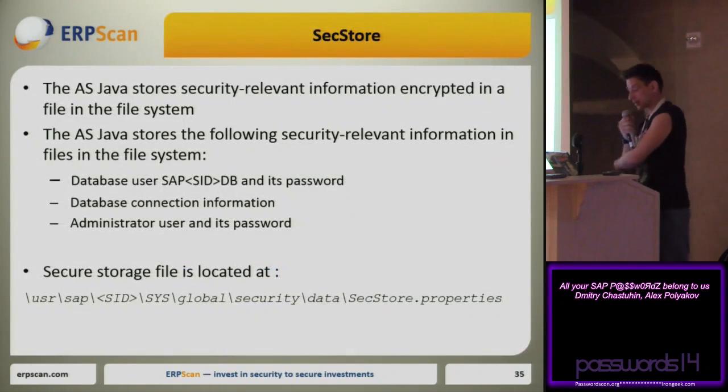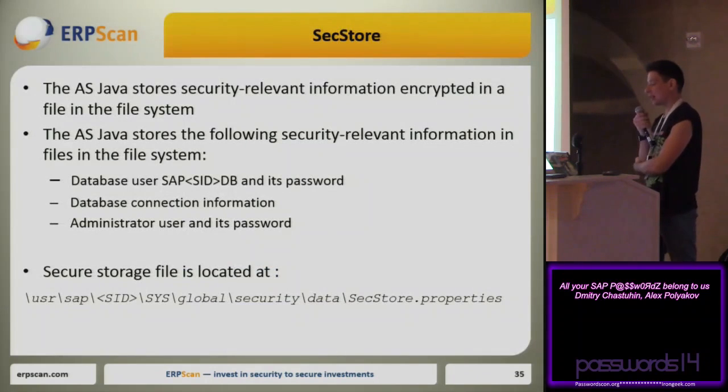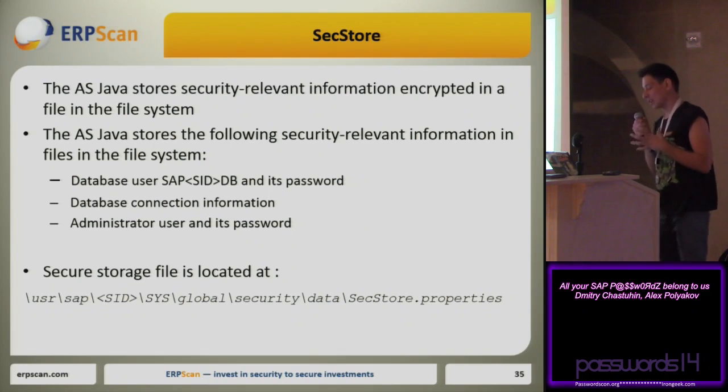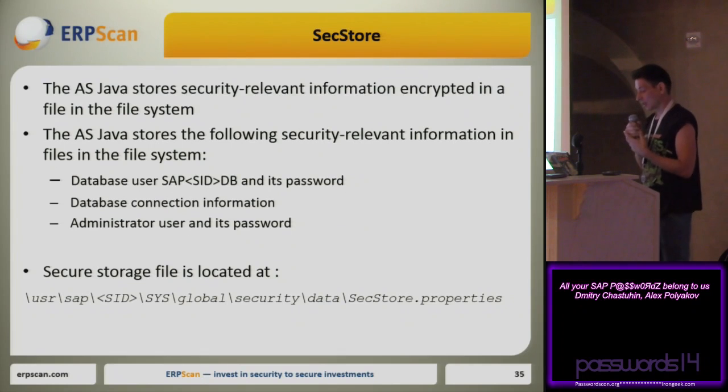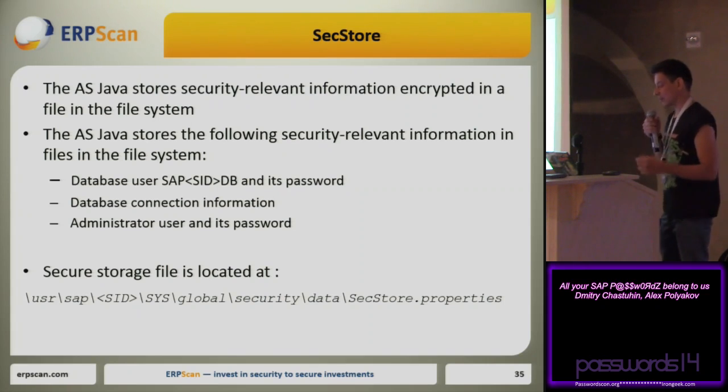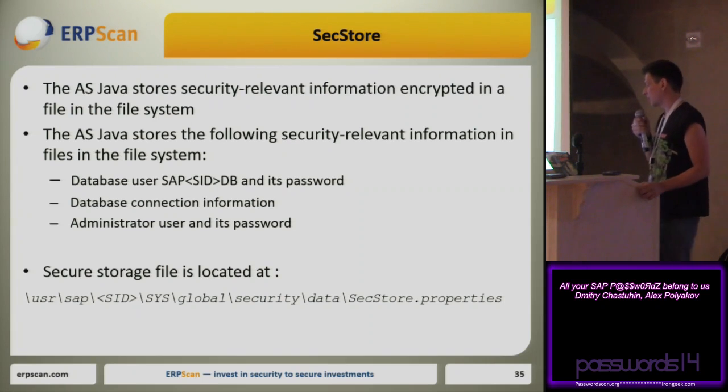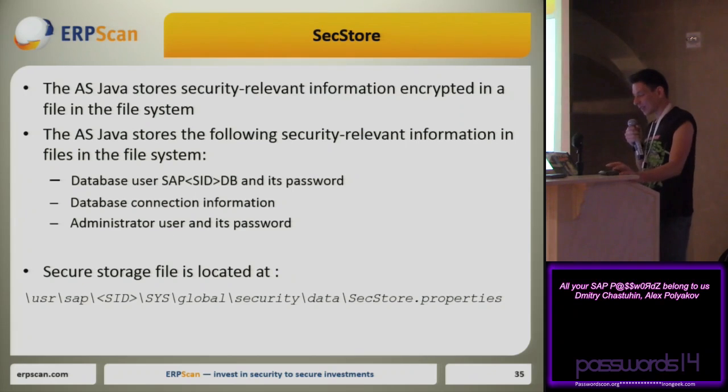The security storage is a place which the Java application server uses for storing sensitive information like the database user's name and its password, database connection information and the administrator user for it, and the administrator username and password of the SAP user on the operating system. The security storage is placed on the file system in the file store.properties.